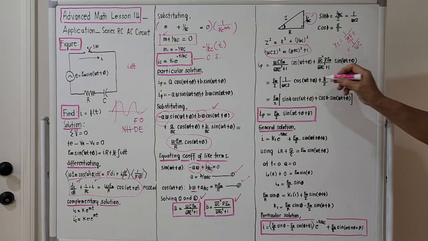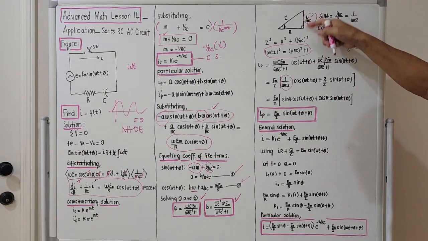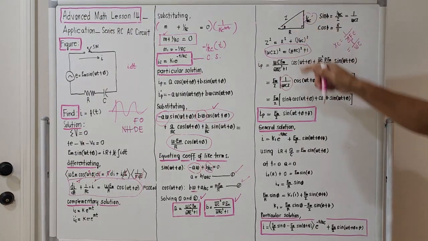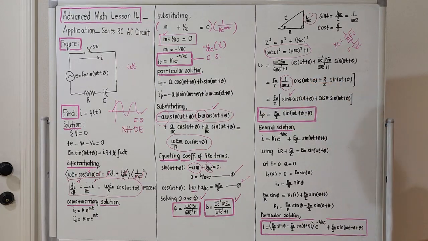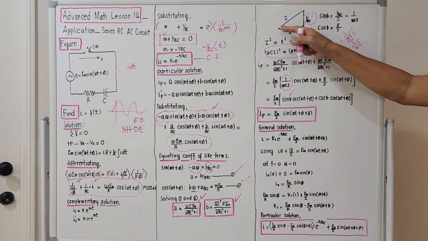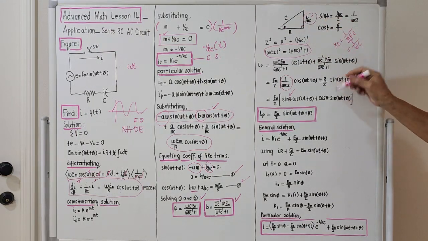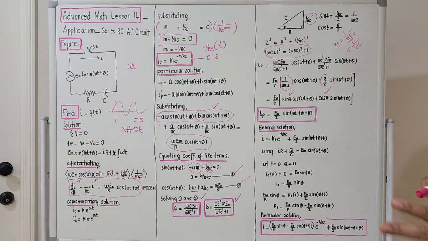And if we try to notice this one, the ratio of this side here over the Z is actually the sine of angle theta. So that's equivalent to sine of angle theta. And the ratio R over Z is adjacent over hypotenuse, which is actually cosine. So this value here is cosine of theta. Okay. So what will be next?